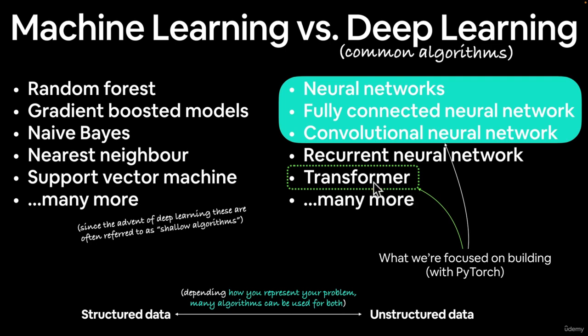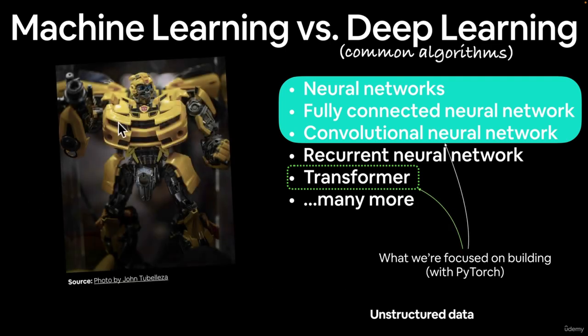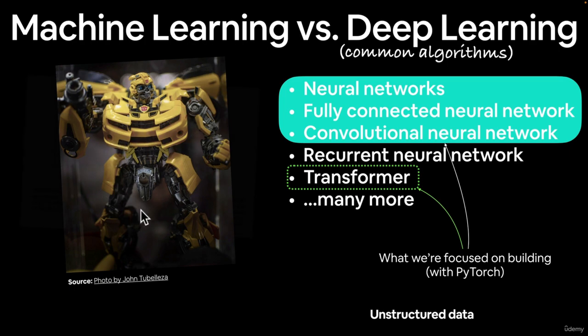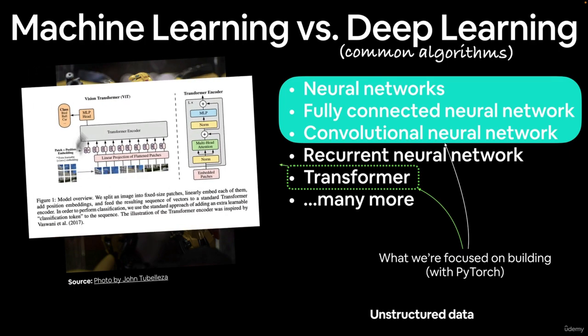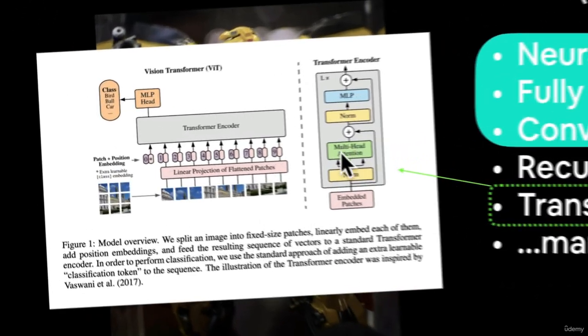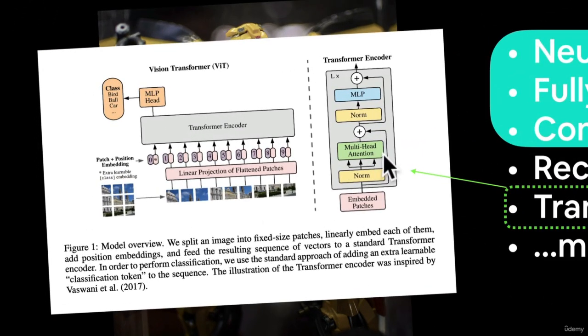So we're covering a transformer, and not this kind of transformer, this kind of transformer, a vision transformer. A convolutional neural network uses convolutional layers for its main learning algorithm, whereas a transformer is generally defined as an architecture that uses multi-head attention or self-attention as its main learning mechanism.